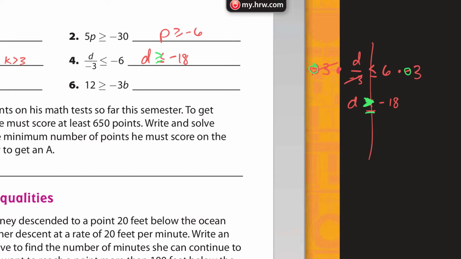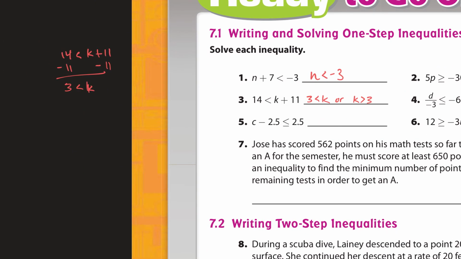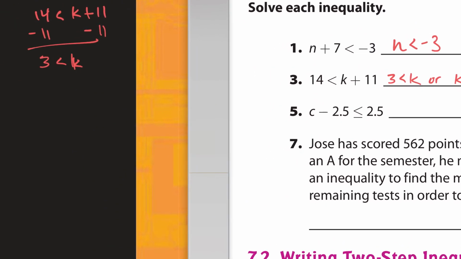Okay, I'll get rid of this here, and that. And then I'll go to the other side. Number 5. Let me get rid of this stuff here. So we have c minus 2.5 is less than or equal to 2.5.